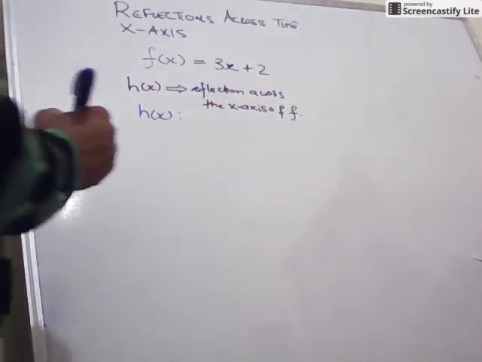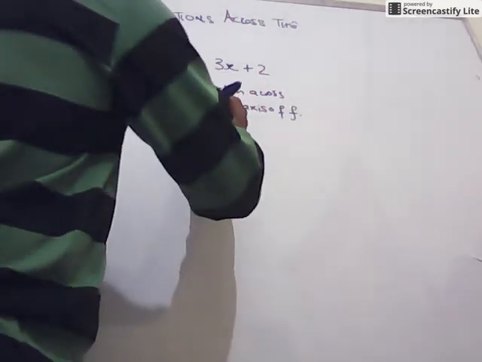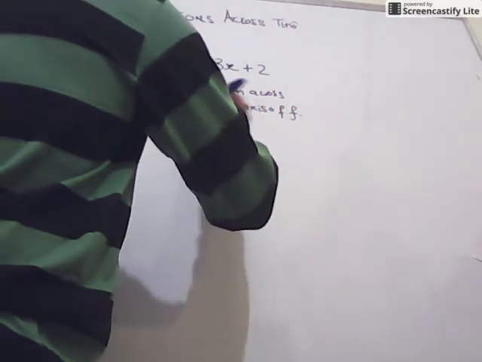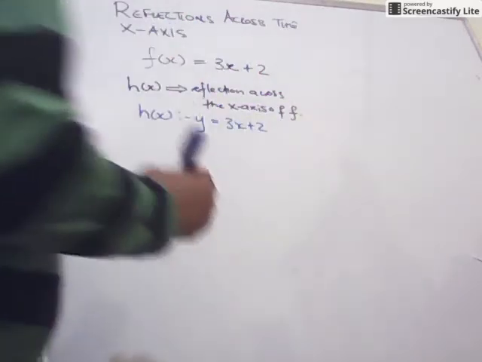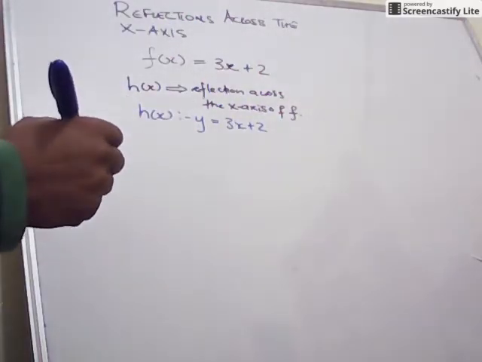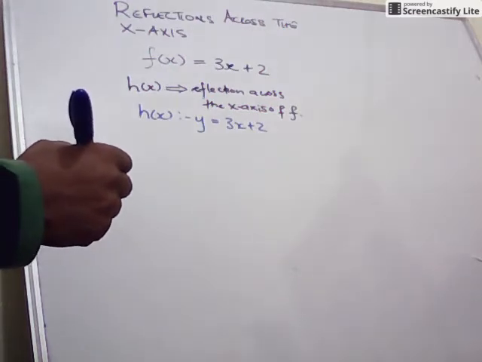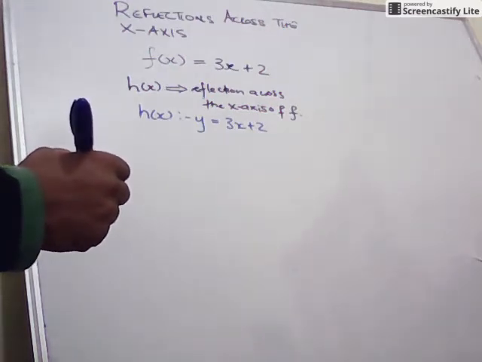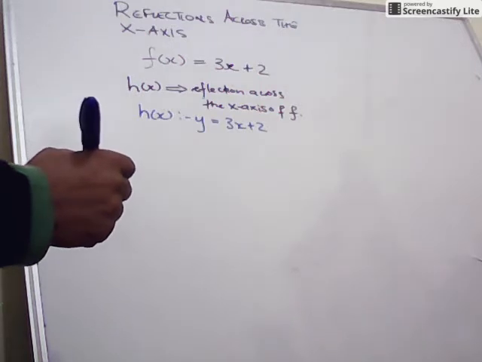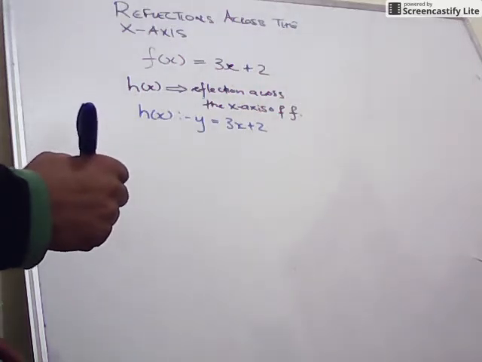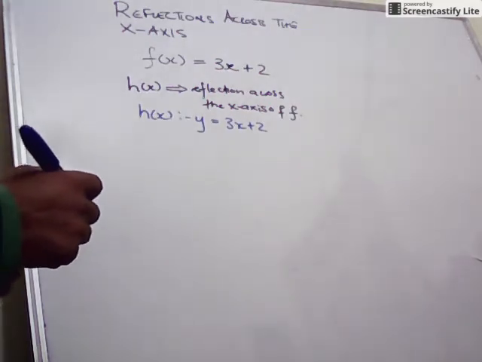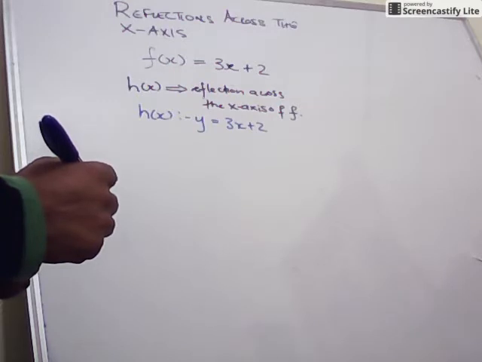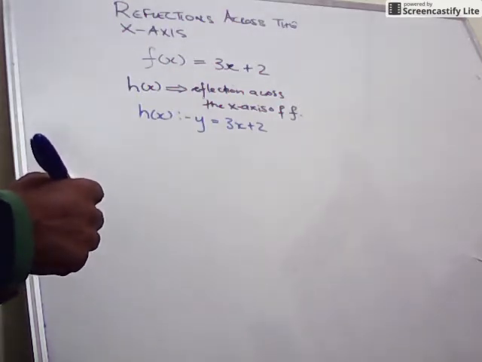So our first step would be to replace y with a negative y to represent the change in sign. But remember that any function is not represented by minus y, it's represented by y, which means we now need to solve for y.